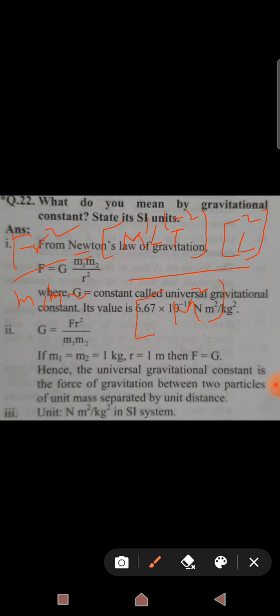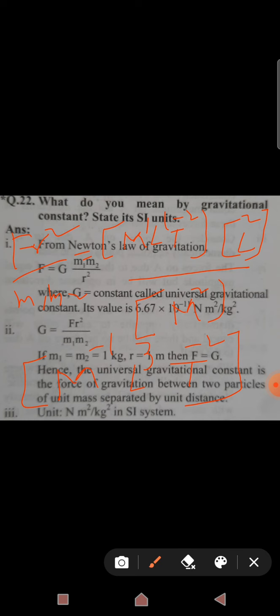If we simplify it, what am I getting? I am getting minus 1 in mass, 3 in length, and minus 2 in time. So these are the dimensions.